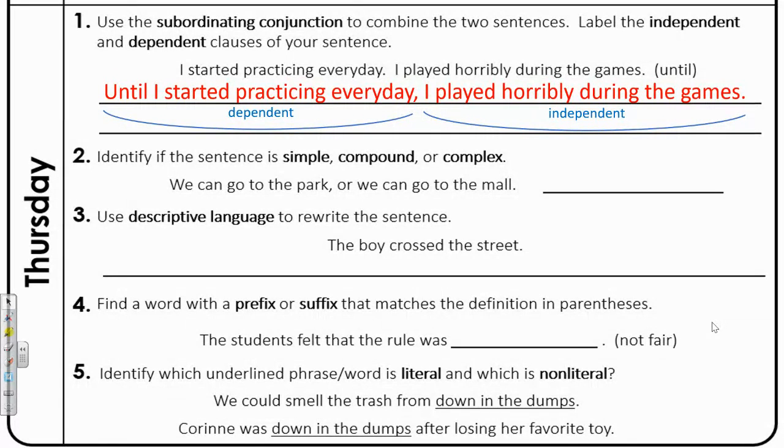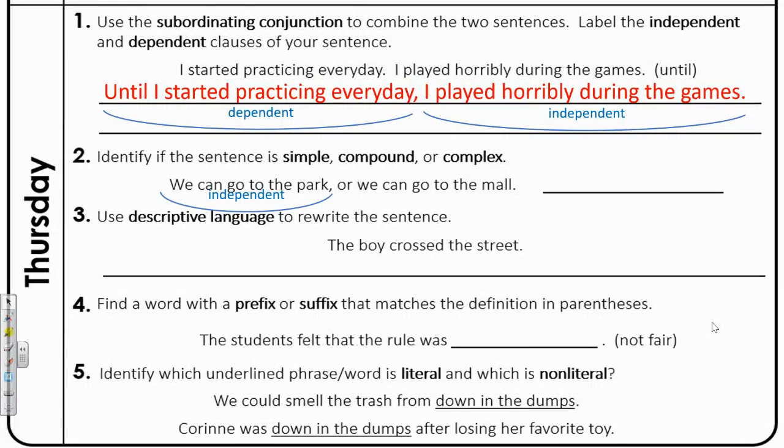Number 2, identify if the sentence is simple, compound, or complex. We can go to the park or we can go to the mall. Well, let's take a look at the clauses that we have first before we make our decision. The first clause is we can go to the park. Since it could be a complete sentence on its own, that is an independent clause.